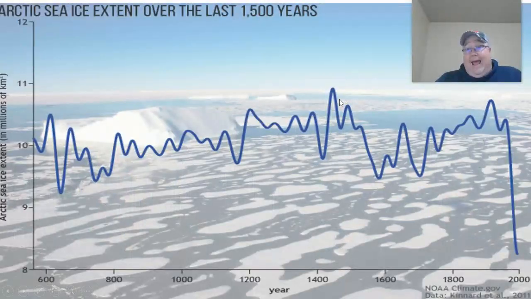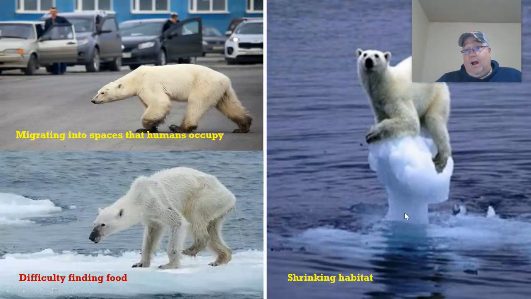Well, now with all the ice melting, and again, we can see it graphically here how much ice they're losing. We saw the picture of the Arctic ice shrinking before as well. That's leading to a lot of problems. Not only is their habitat shrinking, but because that ice is receding so much, they're having difficulty finding food.